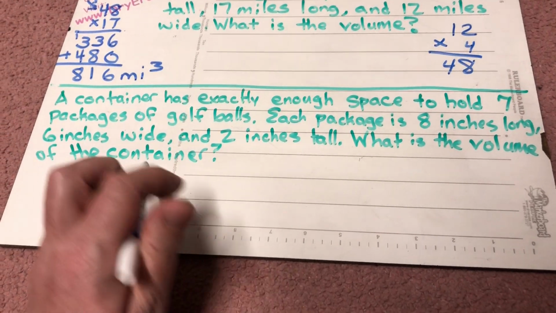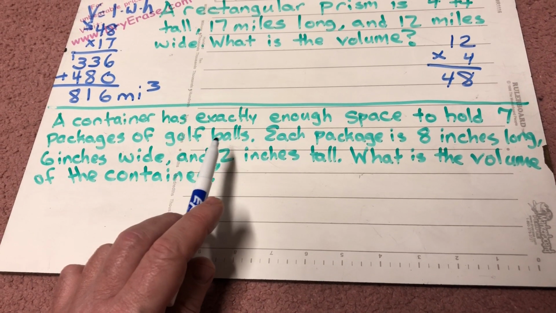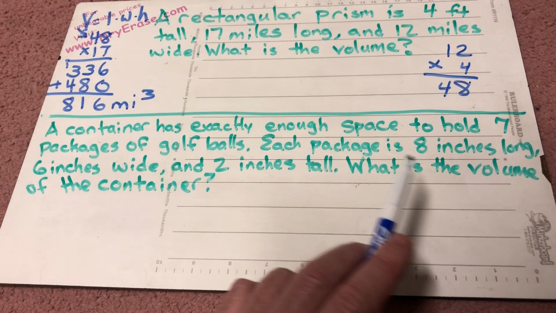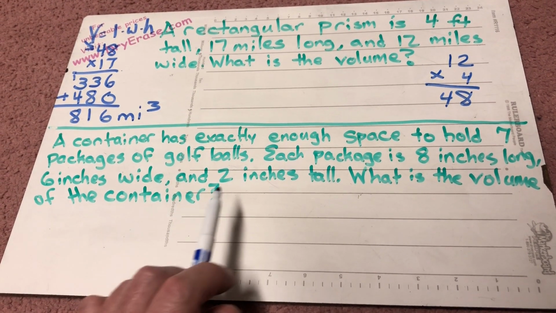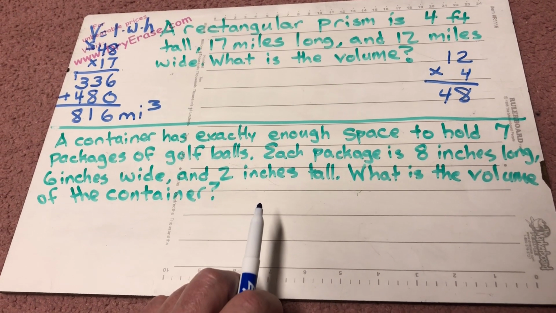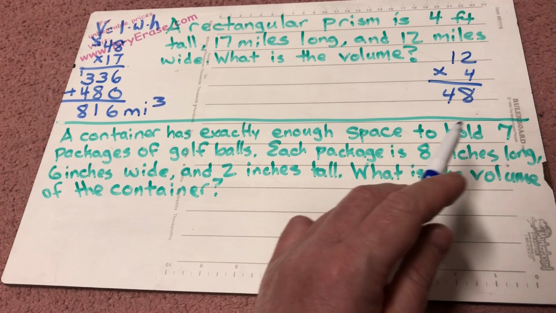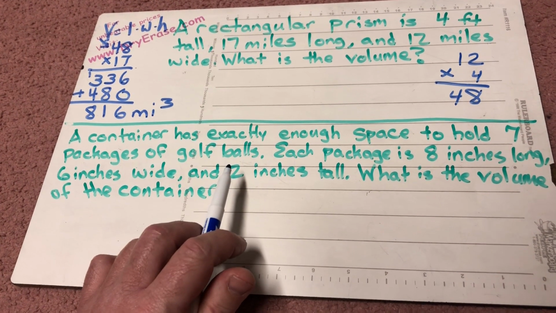Now, this last one is something a little bit different, but let's look at it. It's not difficult. A container has exactly enough space to hold 7 packages of golf balls. Each package is 8 inches long, 6 inches wide, and 2 inches tall. What is the volume of the container? Okay, so here we have a container that has exactly enough space to hold 7 packages of golf balls.